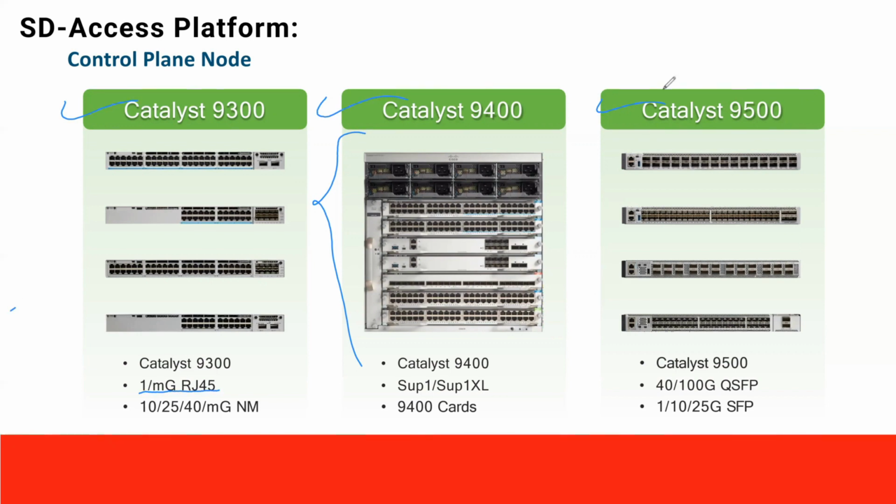These 9500 models are a bit advanced and have the 40 and 100G capability as well. So mostly either this or this is used because you don't need such a big switch just for the control plane node.